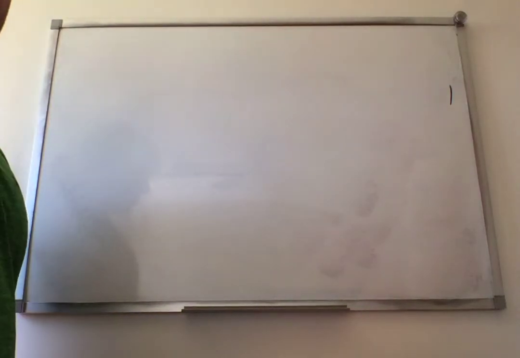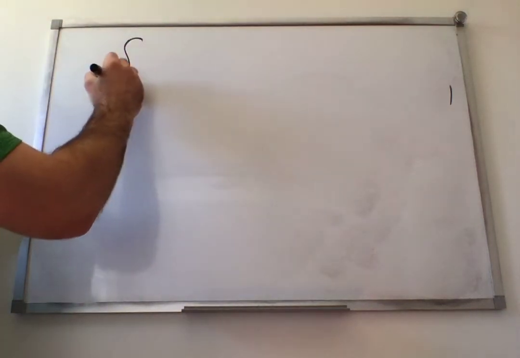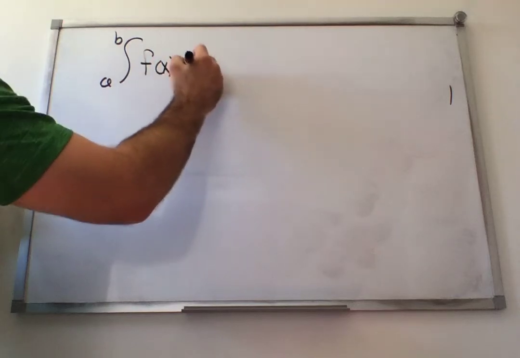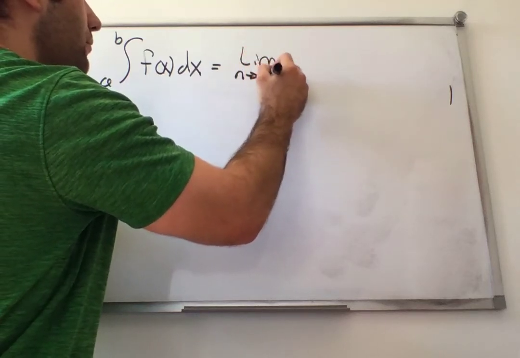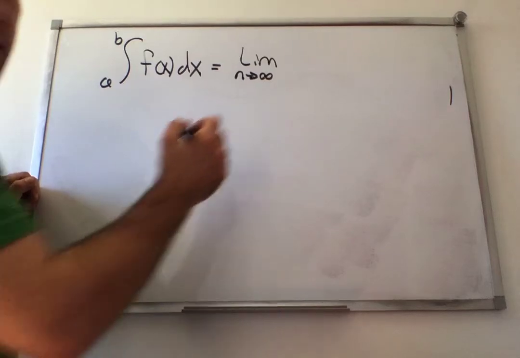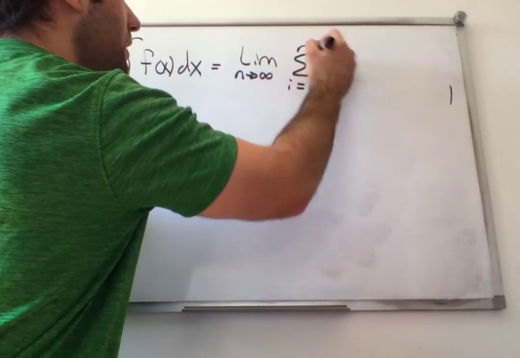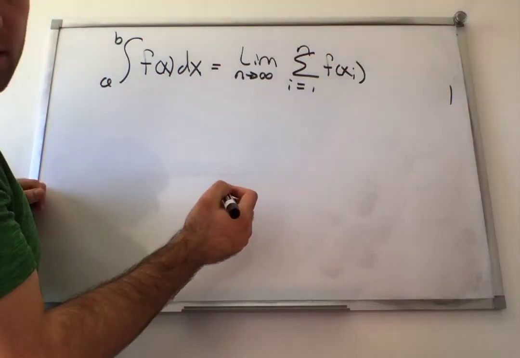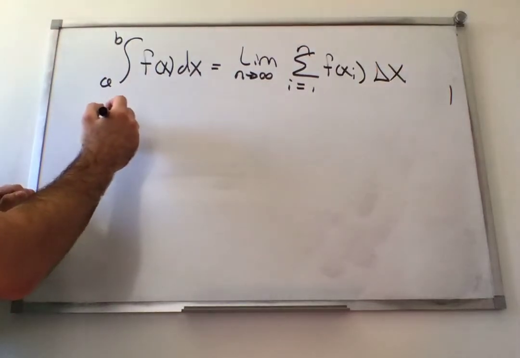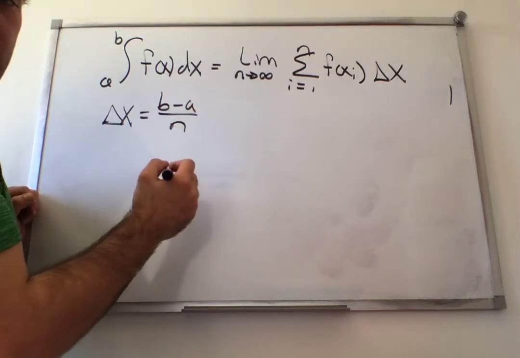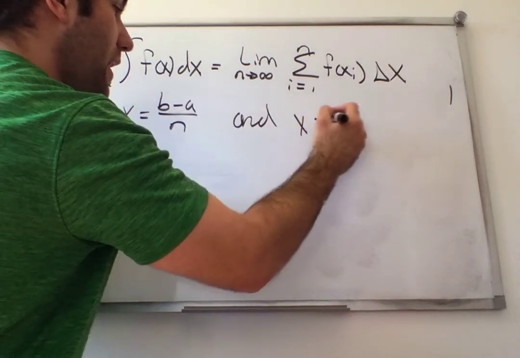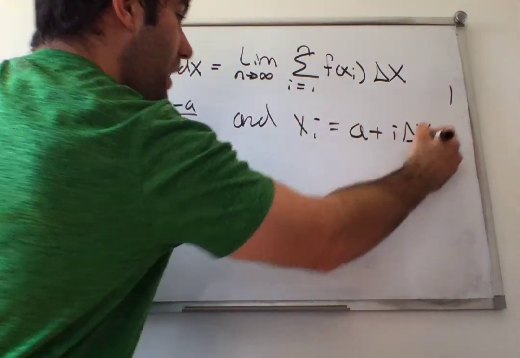Alright, let's talk about one more theorem before we do some examples. It says, if f is integrable on a to b, then the integral is equal to the limit as n goes to infinity of the sum i equals 1 to n of f of xi delta x, where delta x is equal to b minus a over n, and xi is equal to a plus i delta x.